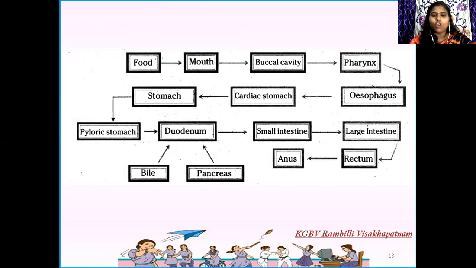Here, all the digestion is over, and reabsorption of water and minerals is also going on. After that, the undigested substance comes to the rectum, and finally we excrete it through the anus. So this is the total flowchart of food passage, I mean digestion, simply.